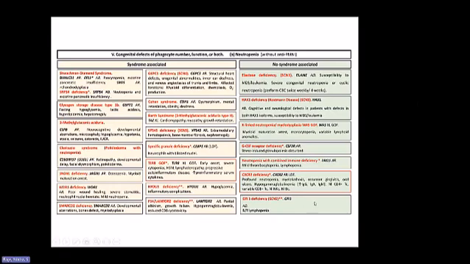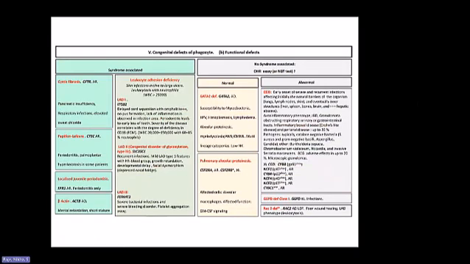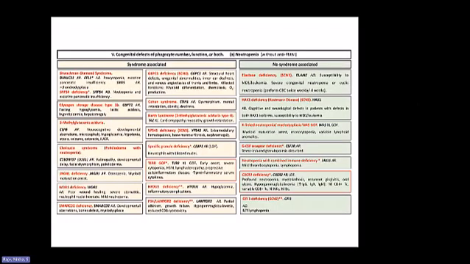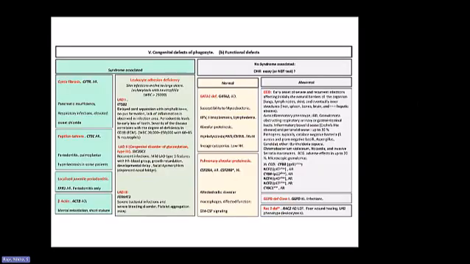So there are 2 tables. These are the neutropenic disorders that are either syndrome associated or non-syndrome associated, so all quantitative defects, and then these are more the functional defects.